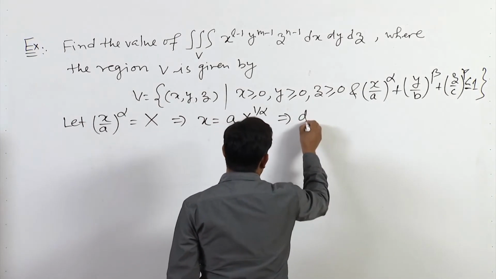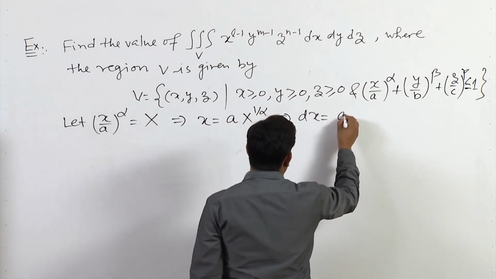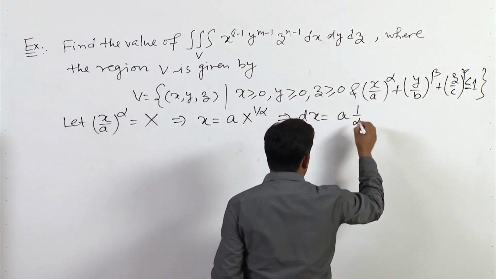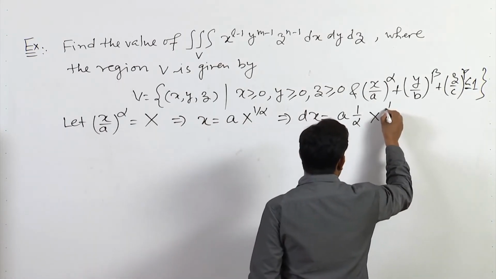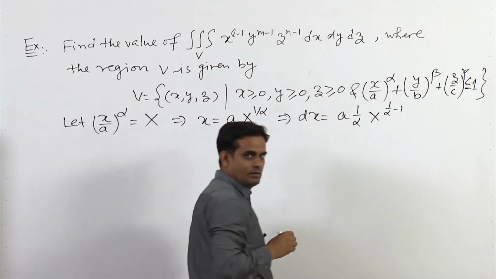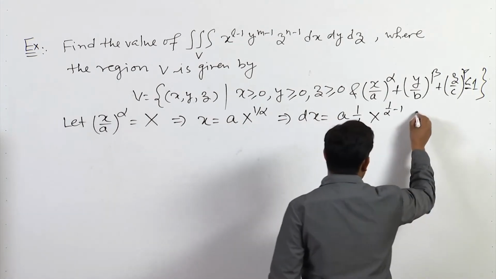Or dx will be a times 1 by alpha x raised to power 1 upon alpha minus 1 dX.